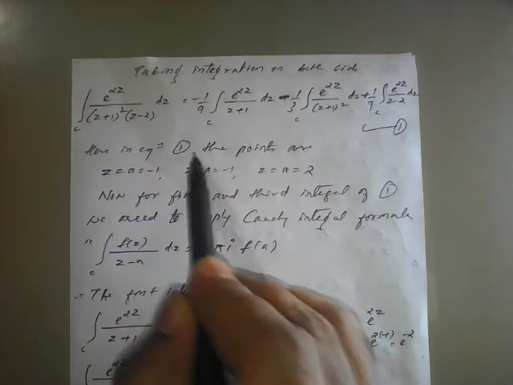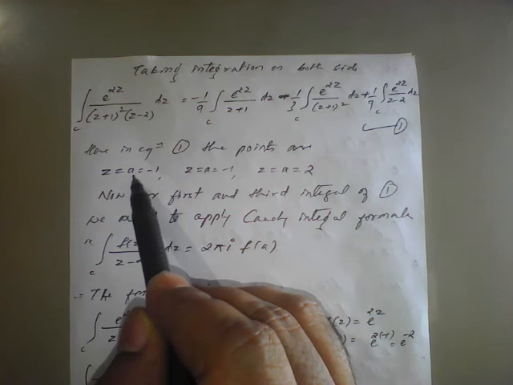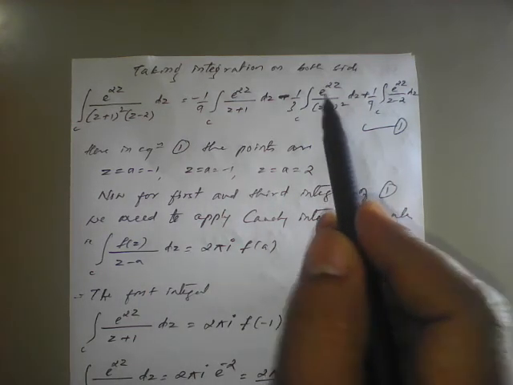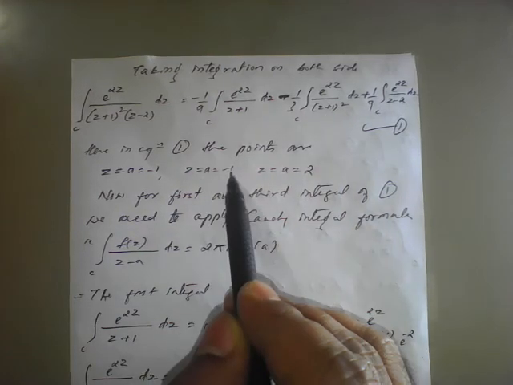So in equation 1 the points are, I am writing, because of the first integral, the value of z, which is also nothing but a, is minus 1. From the integral number 2, z plus 1 means the value of a will be minus 1.